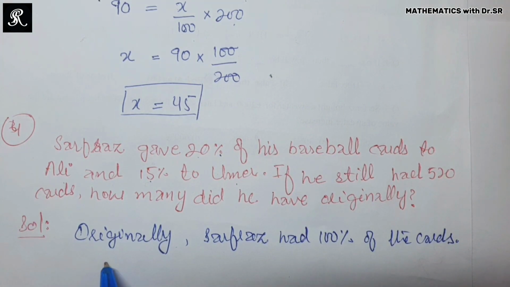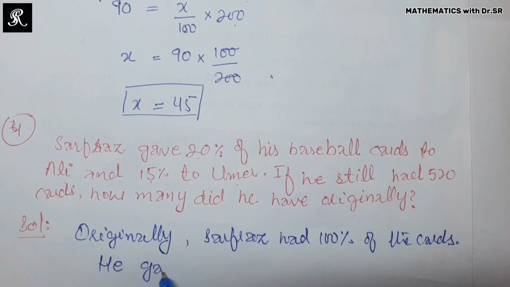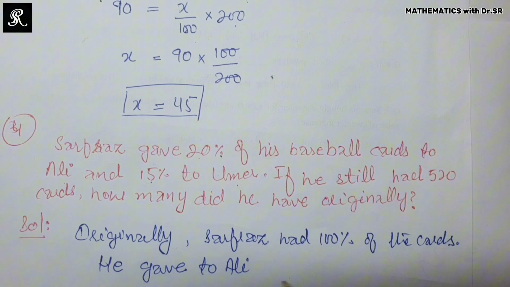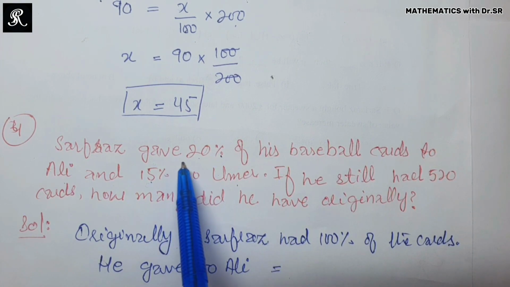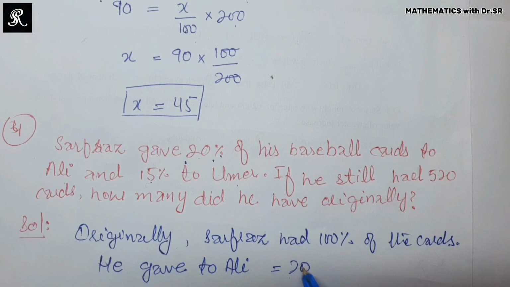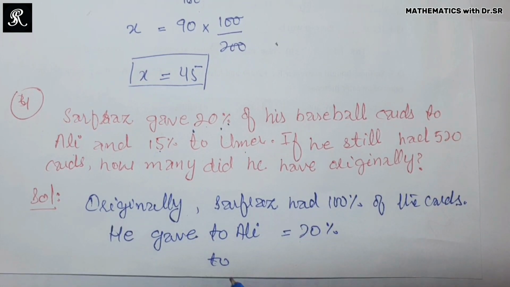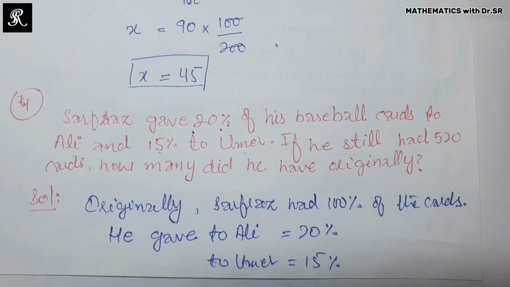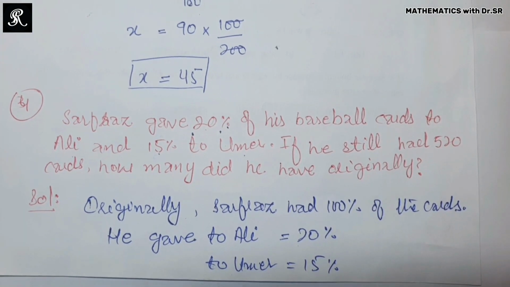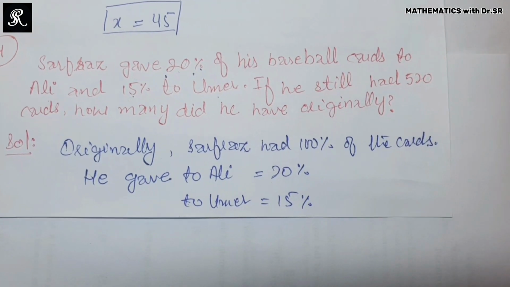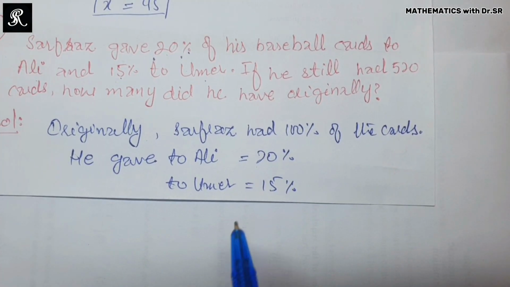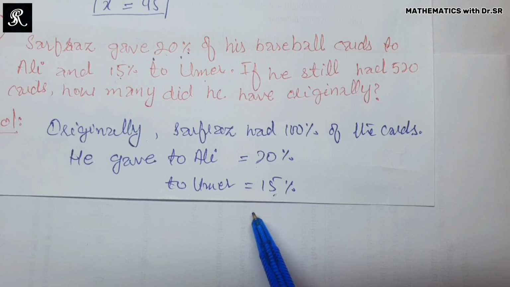Then he gave to Ali 20%. Then to Umar 15%. It means in total he gave 35% to both of them.